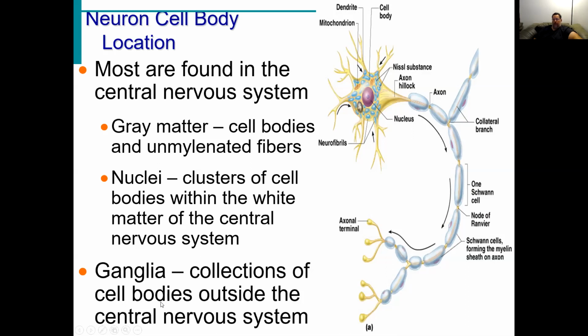However, if it's outside of the central nervous system, like in the peripheral nervous system, we'd call it a ganglia. So if we see some gray body that's outside of our brain and spinal cord, it's ganglia. But if it's inside, it's nuclei.